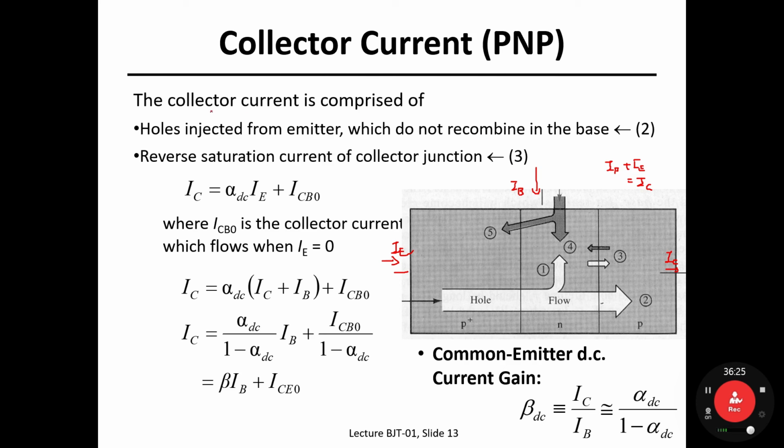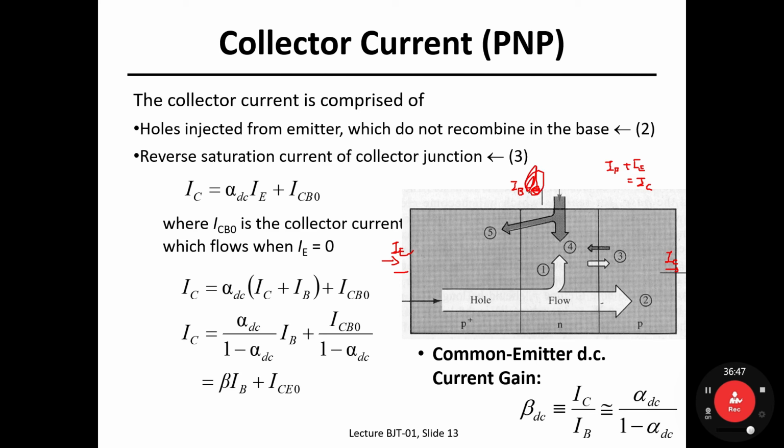Then collector current. Let's see. No, I guess I messed up the direction again. IB should be, yes. Yeah, this is the IEEE convention.